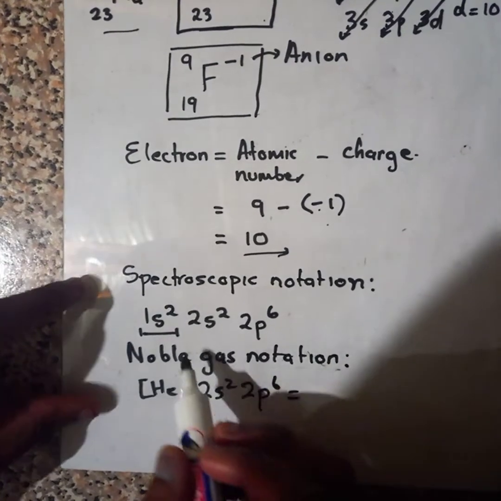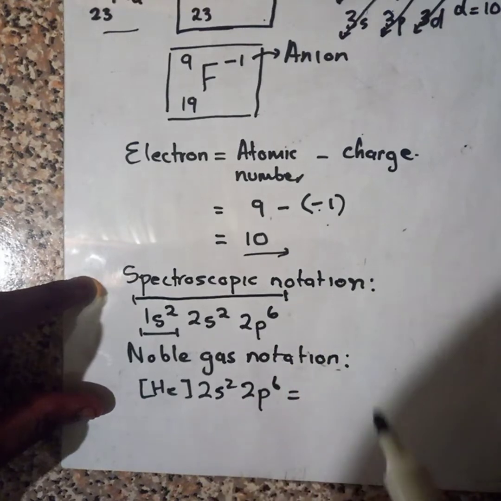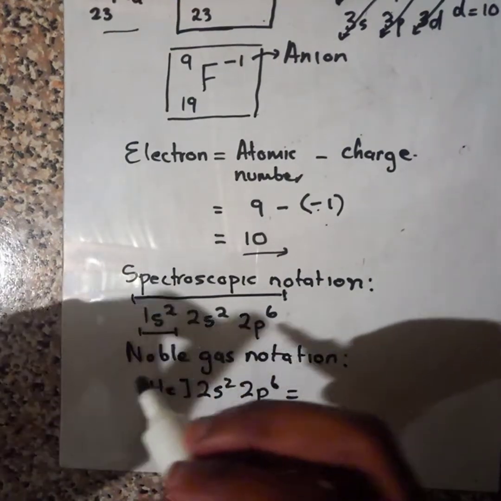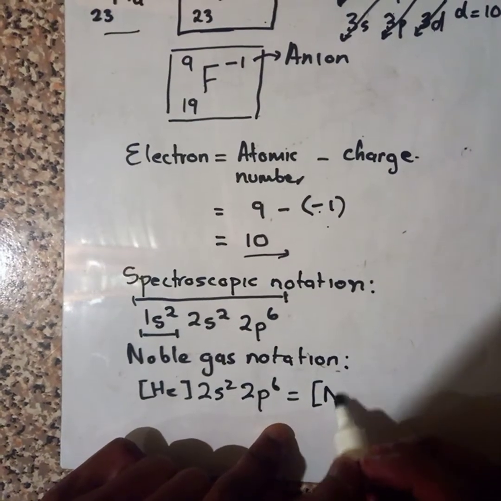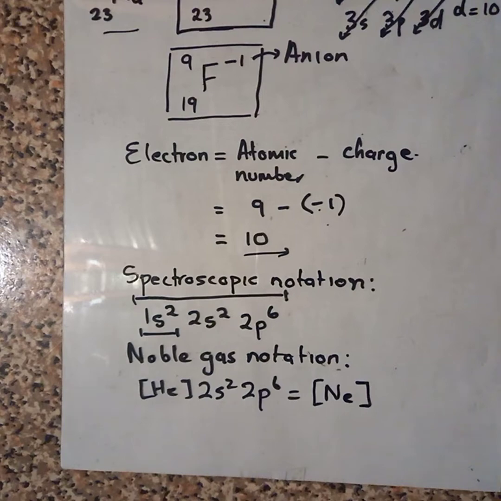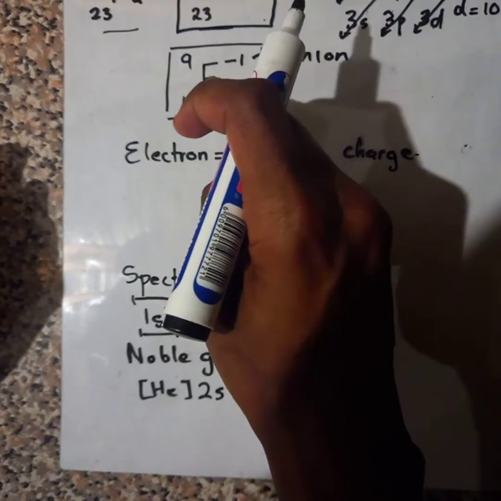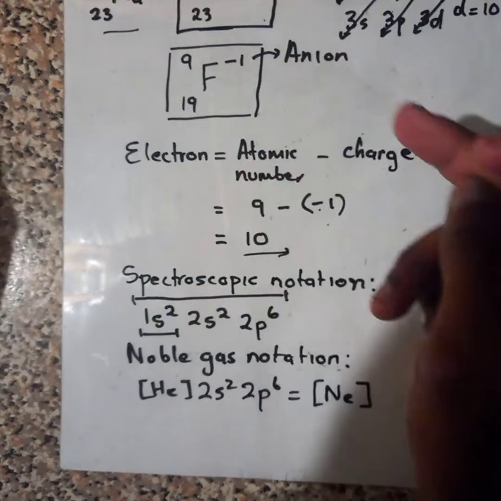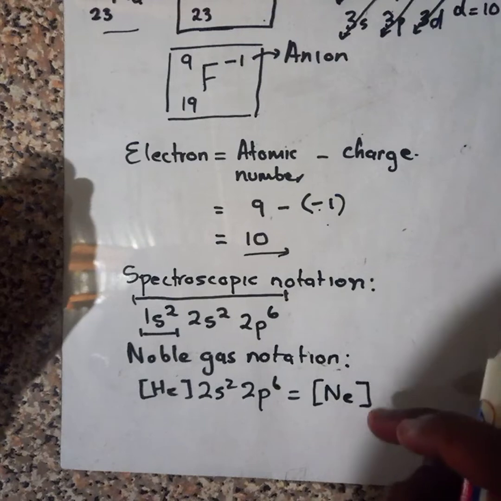But at the end of the day, the whole thing gave us 10, which corresponds to what? To neon. We are lucky that the fluoride corresponds to neon.